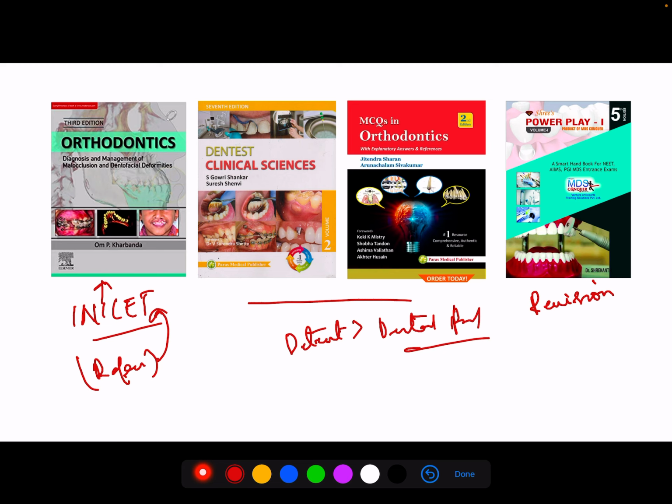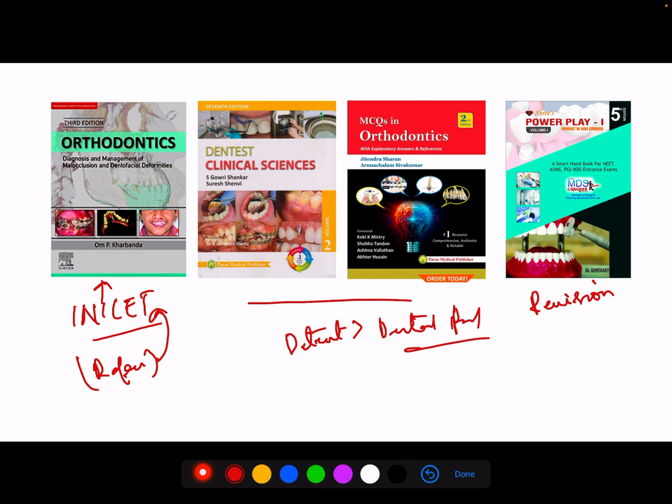Whatever the book, the contents will be almost the same. I regularly interact with the students and with the authors, we regularly talk, and the contents of the books will be the same, whatever is there in DP, Dentist, Sharan, whatever it is. The mode of teaching of the coaching centers will also always be the same. They always teach the same content, but the approach to the content varies. That can be from the book, from the mentor, or from a particular coaching center.